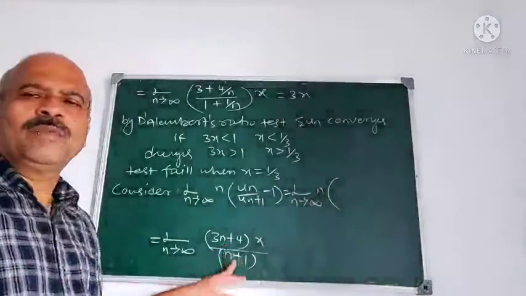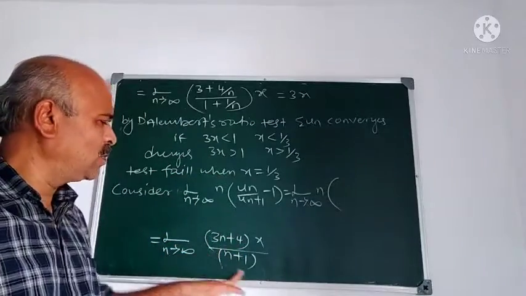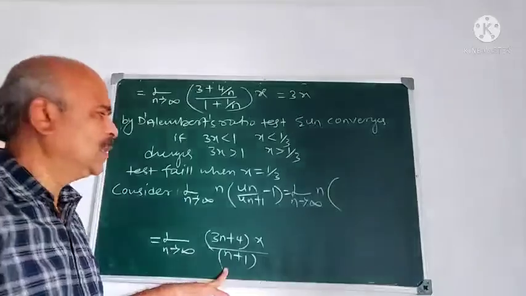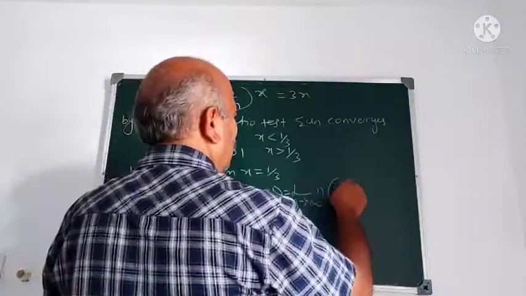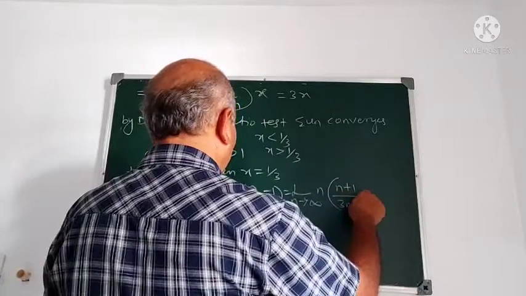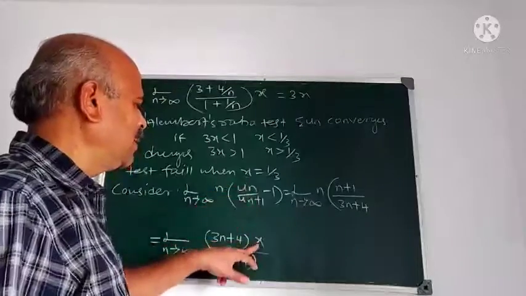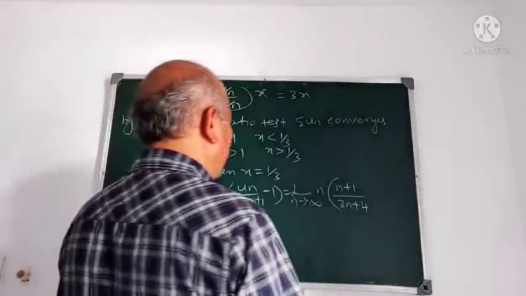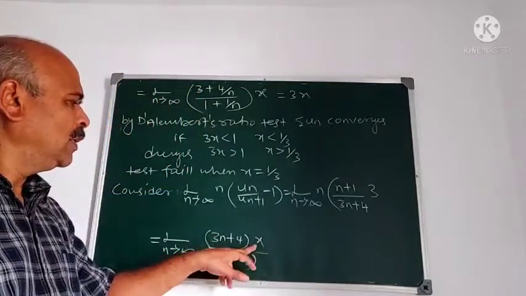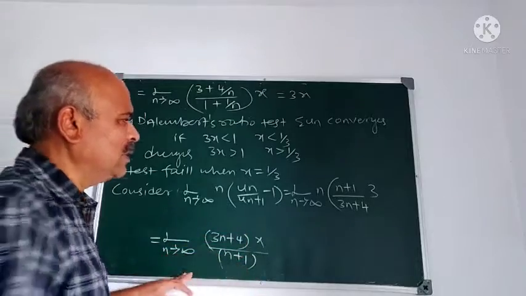We have obtained un plus 1 upon un in D'Alembert's ratio test, but here we require un upon un plus 1. Therefore it is (n plus 1) upon (3n plus 4) into ... x is 1 by 3, therefore it is 3, correct? 3 because x is there, divided by x means into 3.